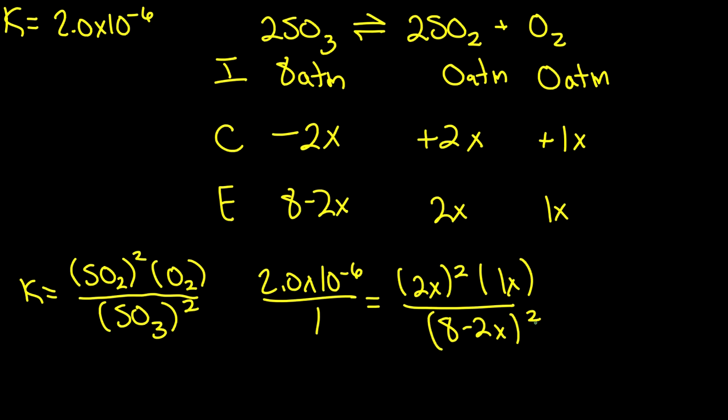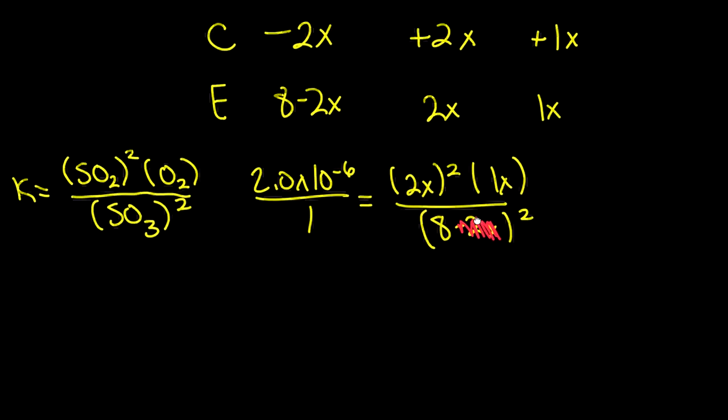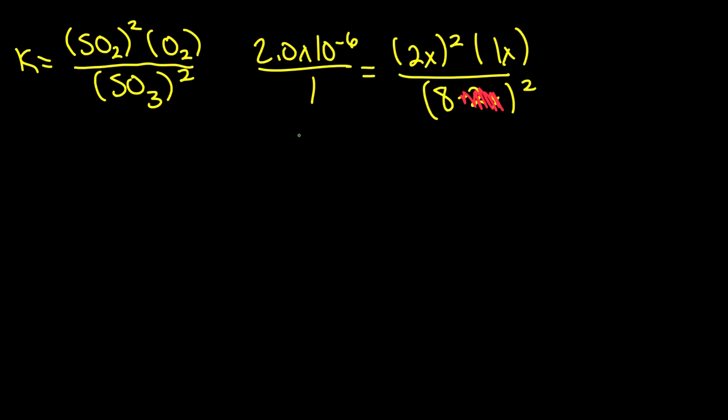Now, since that K value is so small, we can do a shortcut. If it's 1.0 times 10 to the negative 5th or somewhere in that area, you can ignore the x on the reactant. So again, what I'm going to do is ignore the sign, the number, and the x on the reactant, and only the reactant. Because the change on the reactant is going to be so small, it's going to be insignificant. Alright, let's simplify this down.